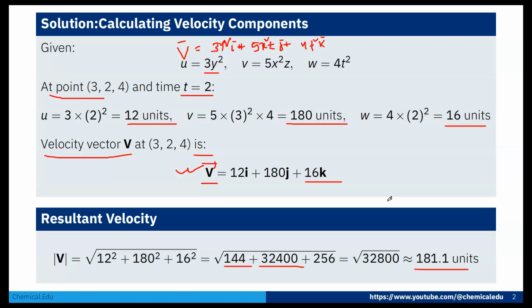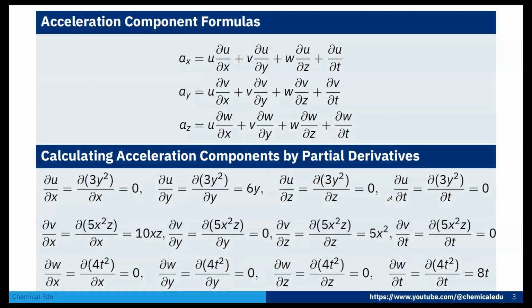Now coming to the acceleration part. The acceleration component formula we know: a_x, the x component of acceleration, is u times the partial derivative of u with respect to x, plus v times the partial derivative of u with respect to y, plus w times the partial derivative of u with respect to z, plus the partial derivative of u with respect to t.